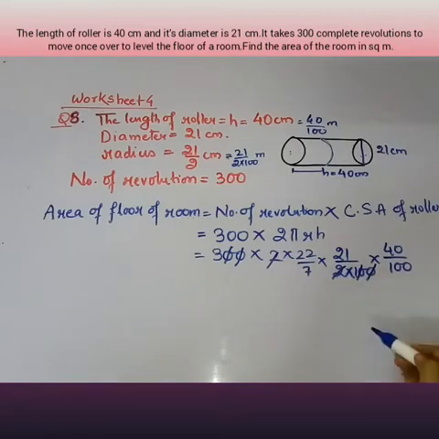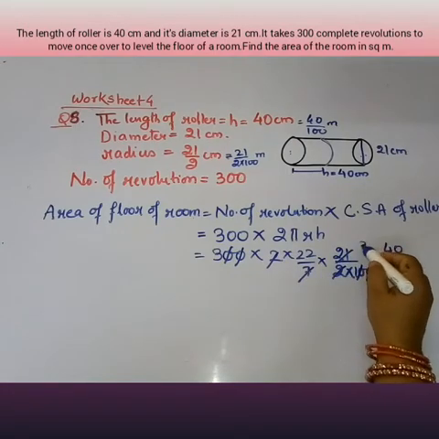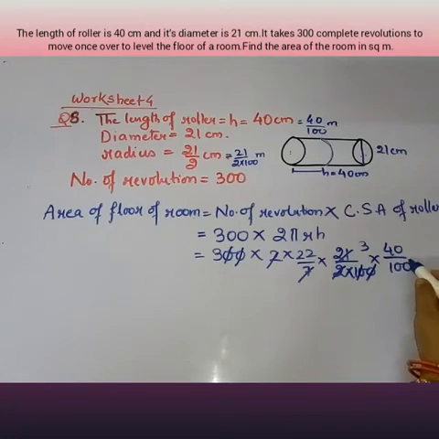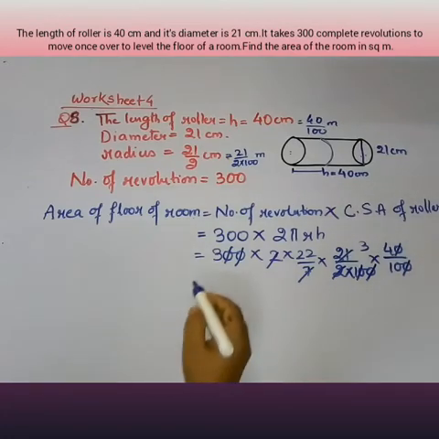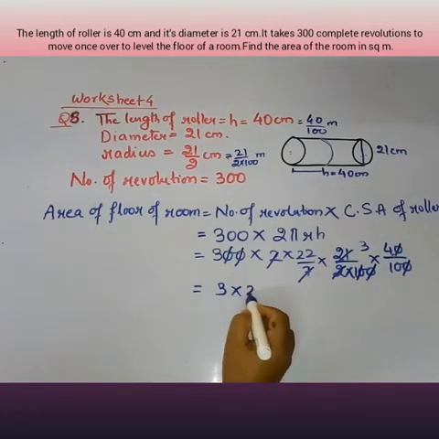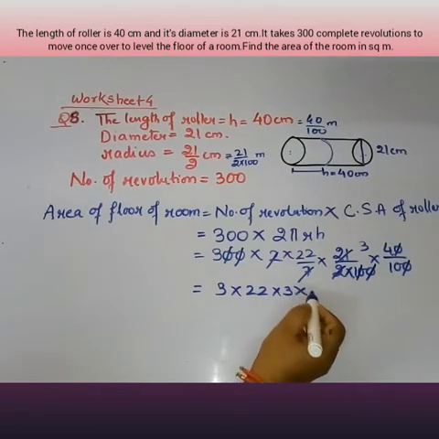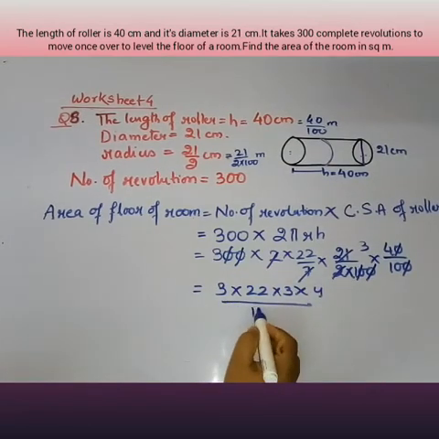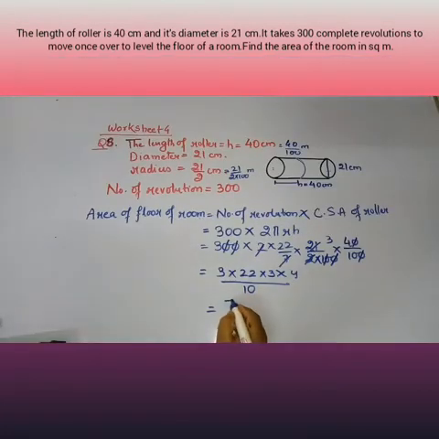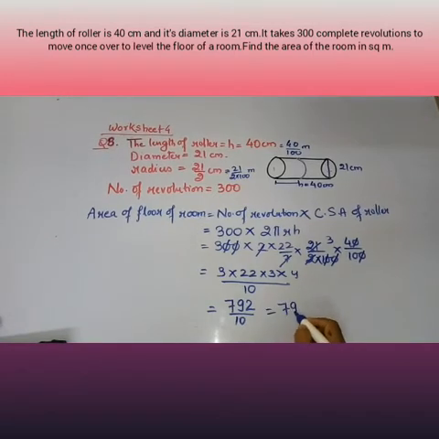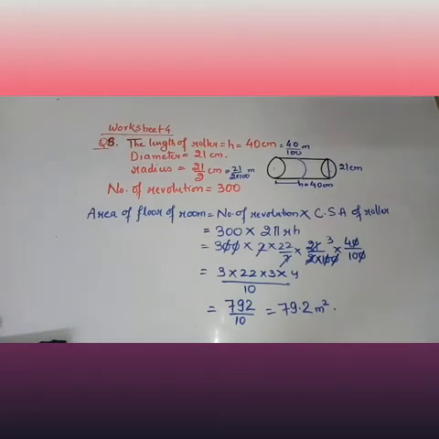This 2, 7 3s are 21, and this 0, this 0. So I'll get here 3 into 22 into 3 into 4 by 10. This will be 792 by 10. This can be written as 79.2 meter square. So at the last we will write, therefore the area of the room is 79.2 meter square.